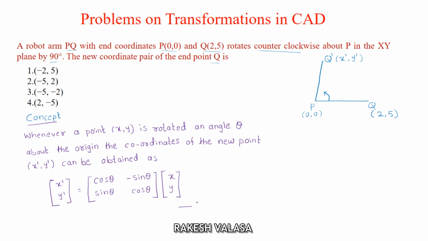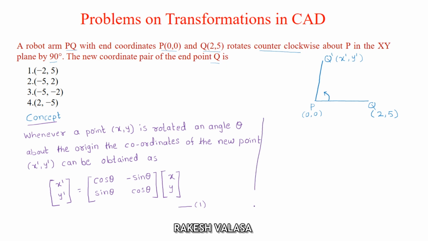Okay, this is the formula for when the point is rotated an angle theta about the origin. The coordinates of the new point x dash, y dash equal to the rotation matrix into x, y.